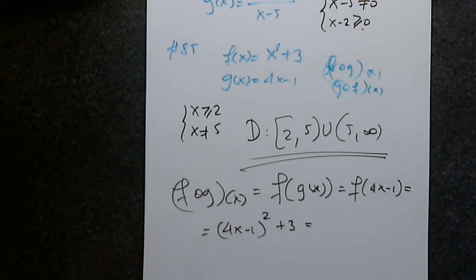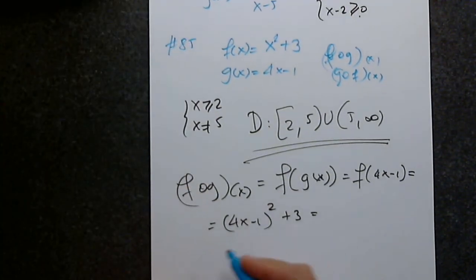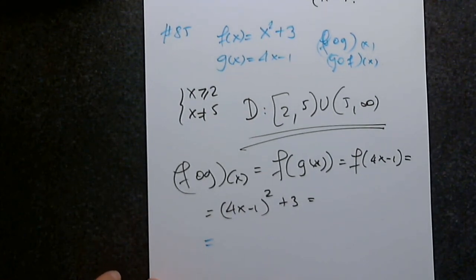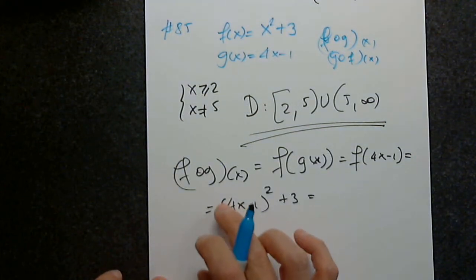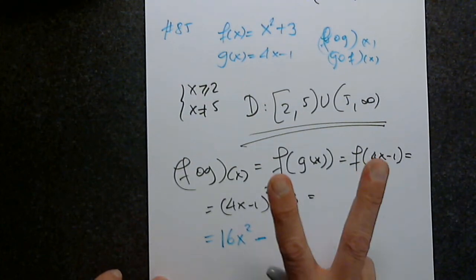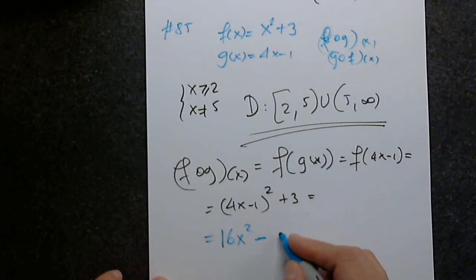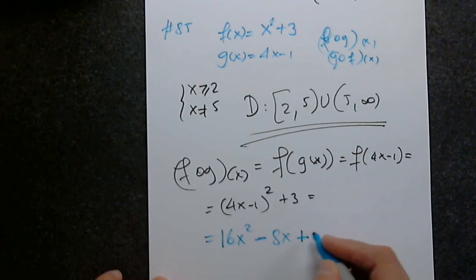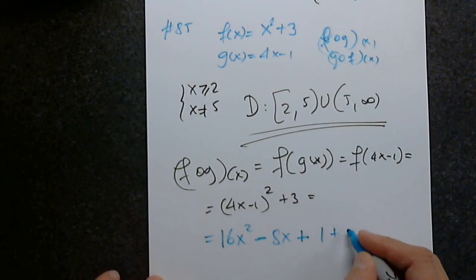And now when we square a binomial, how many terms would you give? We have an agreement from day one. So you cannot say 2. 3. Yes, perfect. And they are first term squared, 16x squared, minus 2 times 4x times 1, 8x, plus the second term squared, 1, plus 3.